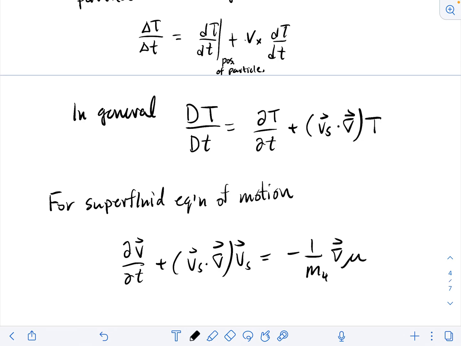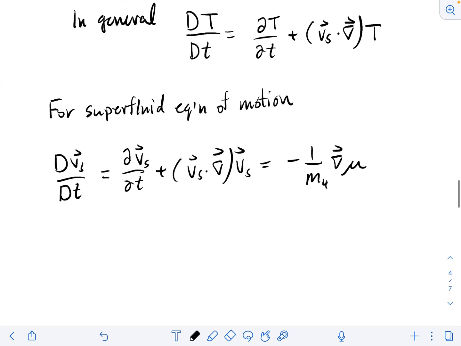And so now we could, if we wanted to, write this using the shorthand notation of the material derivative. Okay, good. And so that's supposed to be a helpful, intuitive understanding of what this material derivative actually represents.